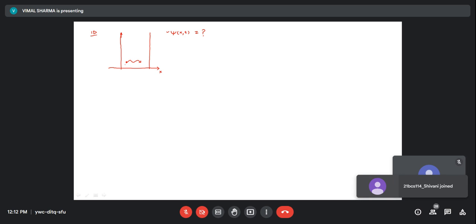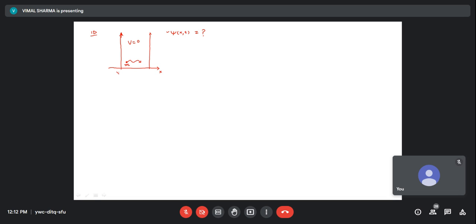So our problem is we have a particle of mass m moving here, and potential in this region where it is moving is 0, meaning no force is acting on this particle. It is free to move within the box, and potential at the walls of the box is infinite.